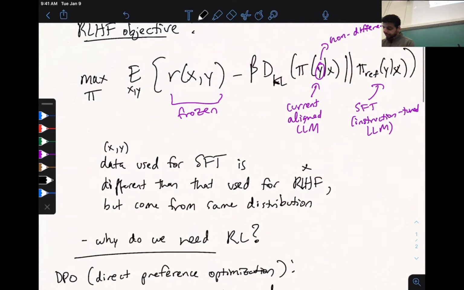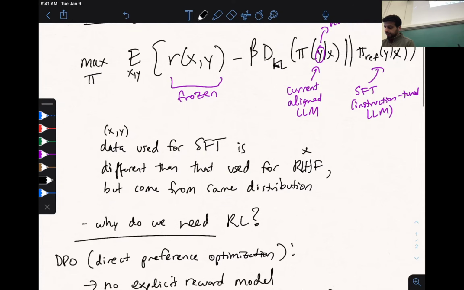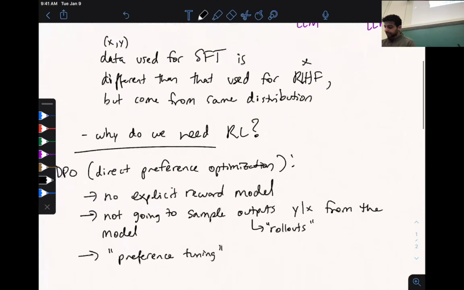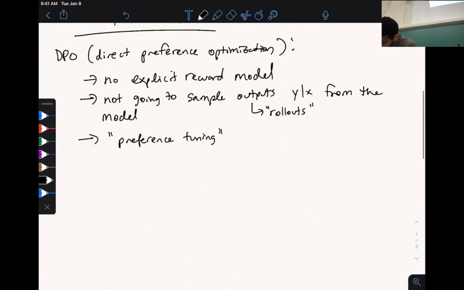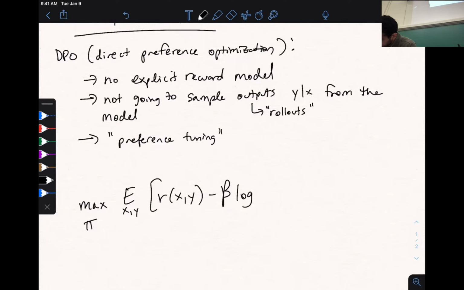First, I'll just rewrite this thing up here and make the KL divergence explicit. So we're going to start with this from RLHF. And remember, pi is our policy, pi ref is the SFT model.